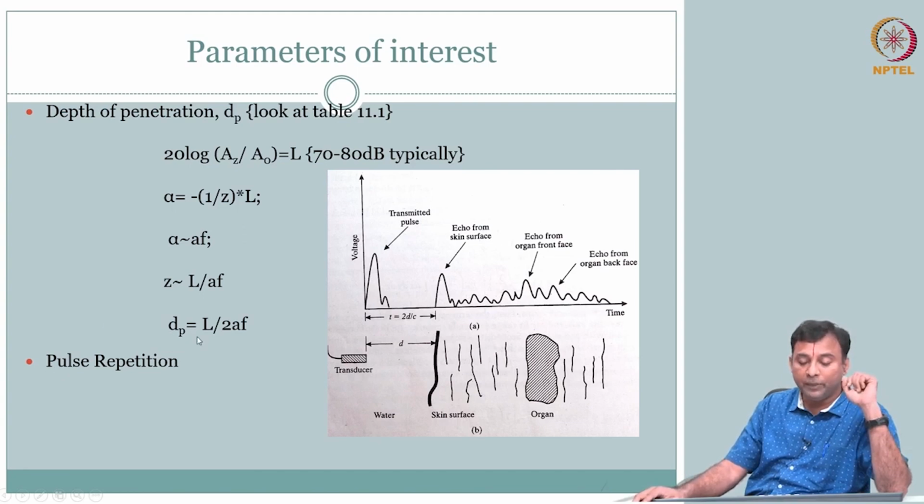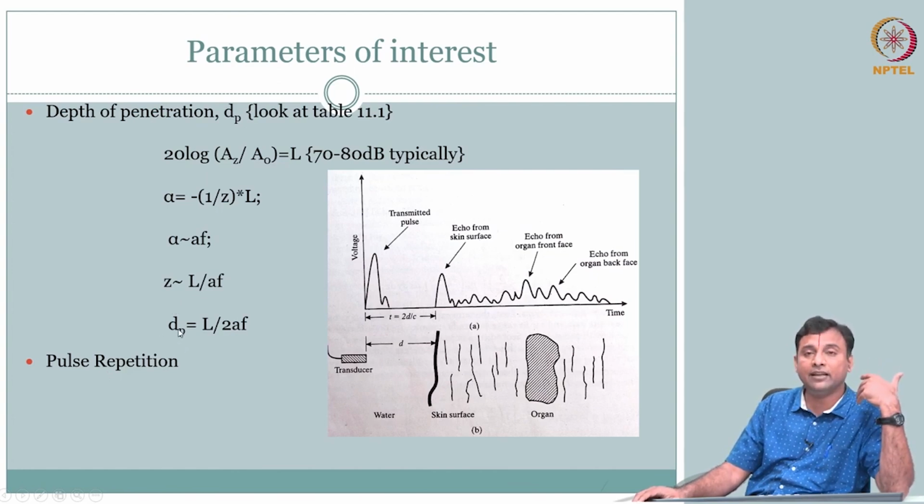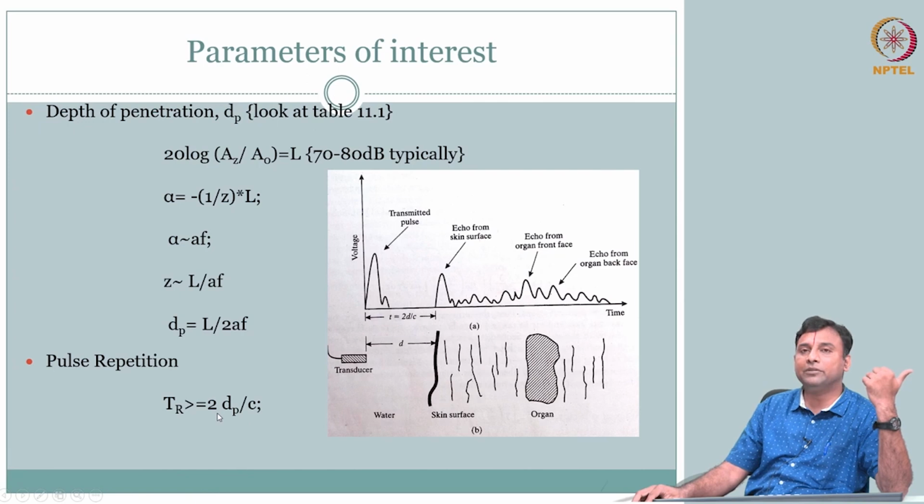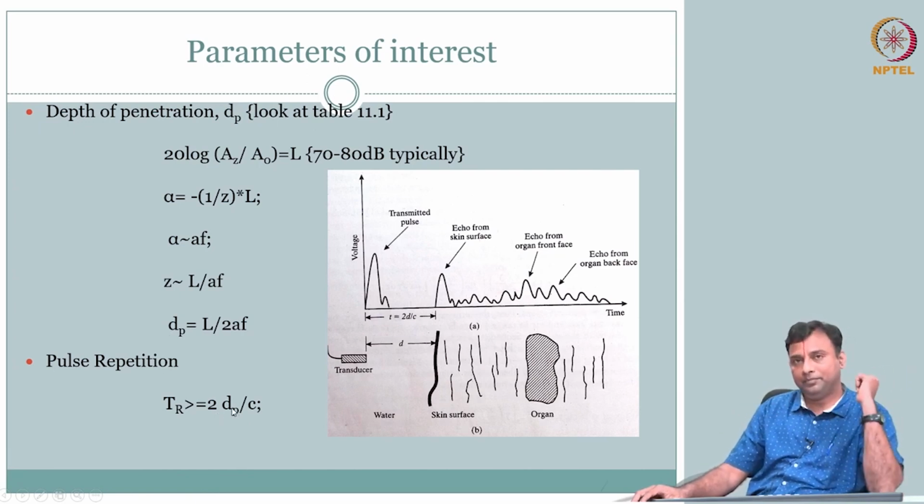Pulse repetition is going to depend on how deep you want. Of course, this is depth. Repetition is usually in time, so we can always relate depth, distance to time in terms of velocity, right. So you can write your time for repetition as nothing but 2 dp by c. C is your velocity, again 2 times the depth you have to account for. That's go and come.